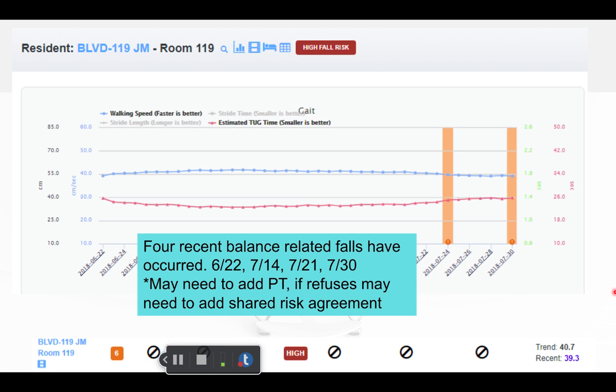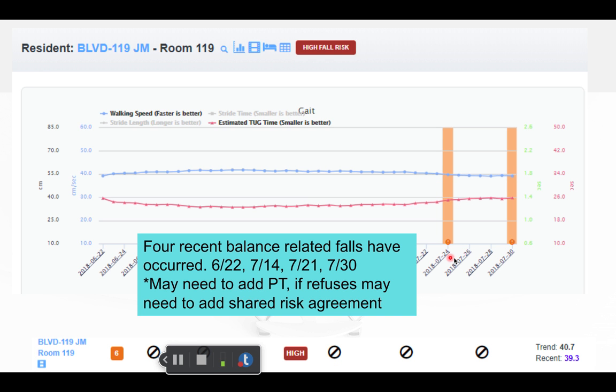This is a walking speed and a TUG time alert that's come in, one on July 30th and one on July 24th. I explained walking speed earlier, but you should also realize that TUG time is an estimate of the time it takes a person to go from a sitting position in a chair, stand up, walk 10 meters, turn around, come back, and sit back down.